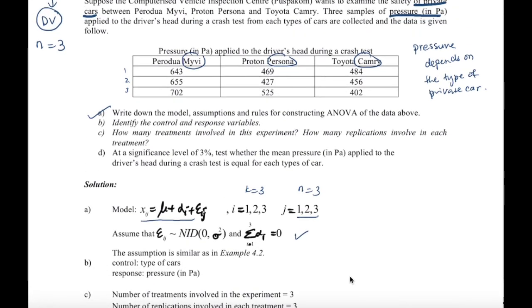Alright, B. Identify the control and response variable. So control is also the independent variable. So the control is type of private cars and response is the dependent variable. So the dependent variable is the pressure.